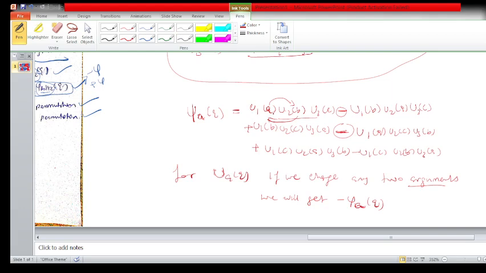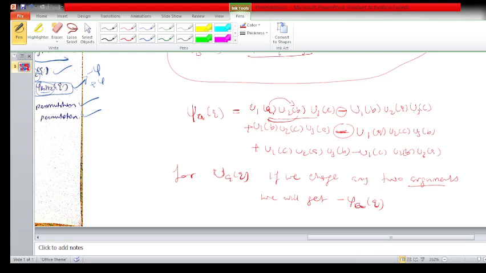So if you change any two arguments in this antisymmetric wave function, that will give you minus of that particular wave function, which means it is antisymmetric in arguments.